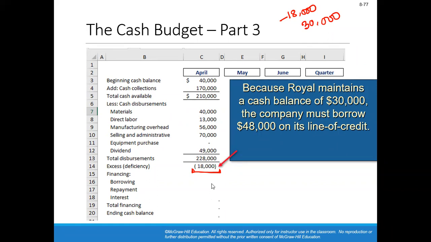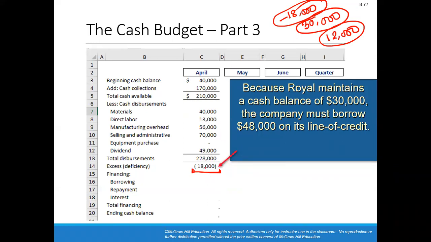You can make additional borrowing. Now, the question is how much borrowing you have to make? It is 30,000, or 12,000, or 18,000, or something different from these three numbers. The number is 48,000.